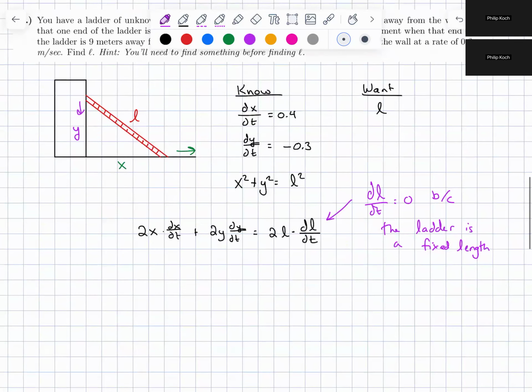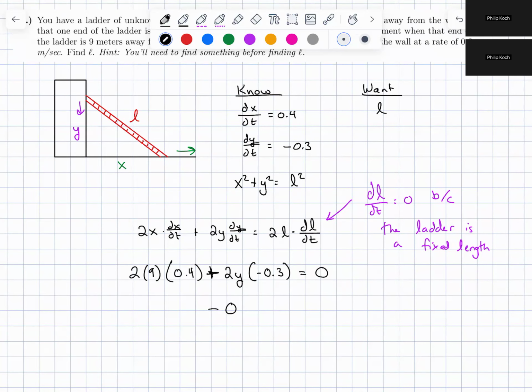So 2 times 9 times dx/dt, 0.4, plus 2y times negative 0.3 is equal to 0. And so that's going to get me 2 times 9 times 0.4, which is 7.2. And 0.3 times 2 is negative 0.6.